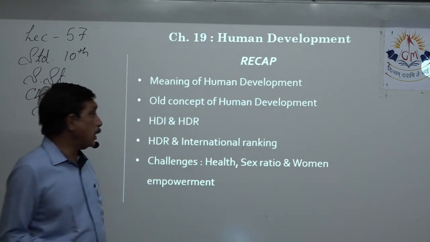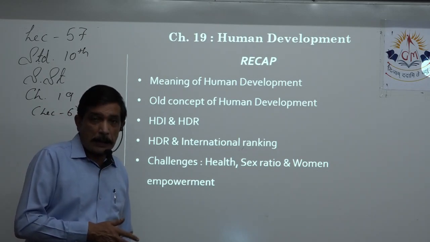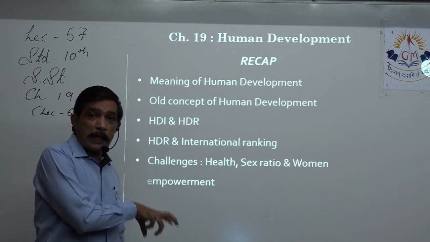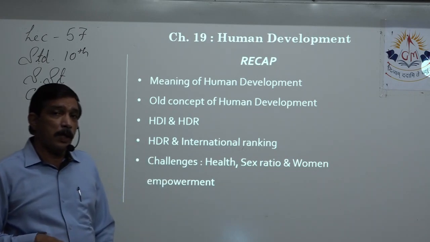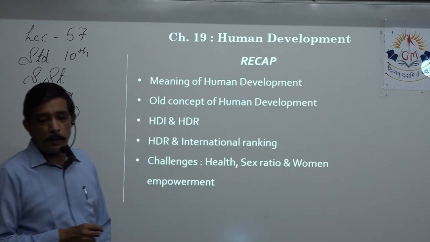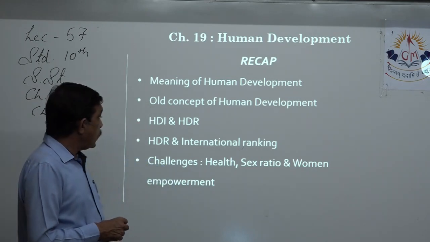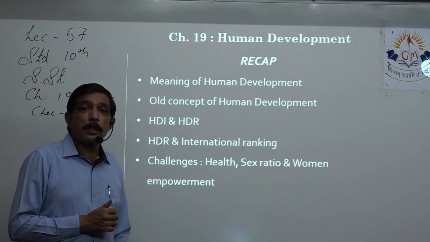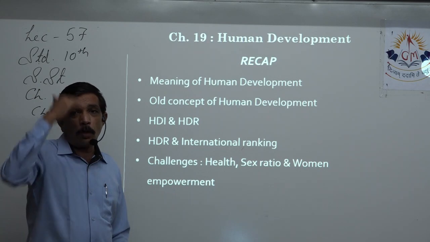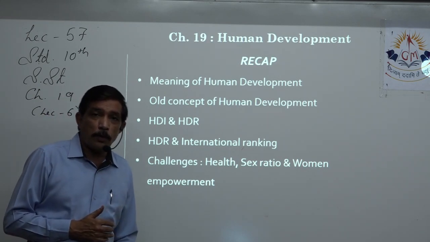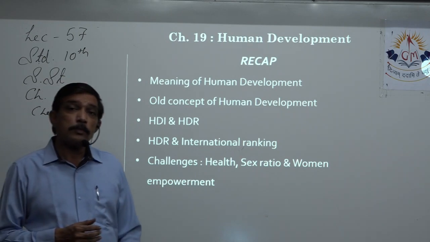From 2010 till date, the same system is used, and based on that HDI, the HDR is made. HDI is the Human Development Index, HDR is the Human Development Report. Then we learnt about the different rankings that countries in the world had, where Norway comes at the top with 0.944 points.